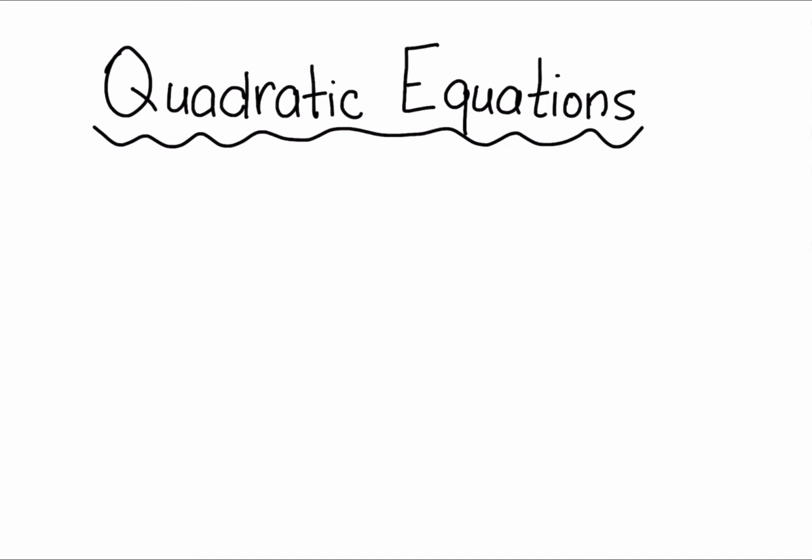So you might be wondering, what is a quadratic equation? Well, that's a good question, and we're going to be answering that question in this video. A quadratic equation is when you have both a variable and its square in the same equation, such as x and x squared, or a and a squared, or maybe even bc and b squared c squared.